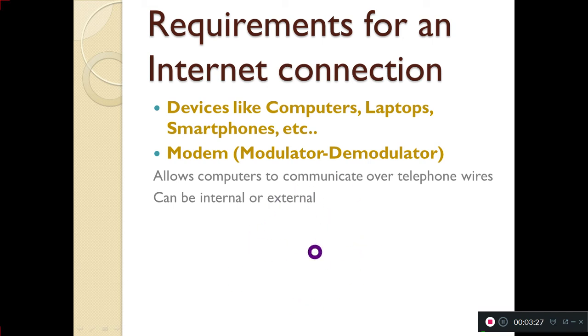The transmission will take place through telephone wires, so it will convert that digital data to analog data, and then it goes through telephone wires, through the ISP, and from the ISP it gets connected to the server in America. At the other end again the conversion takes place, from analog data to digital data. So these conversions are done by this modem.